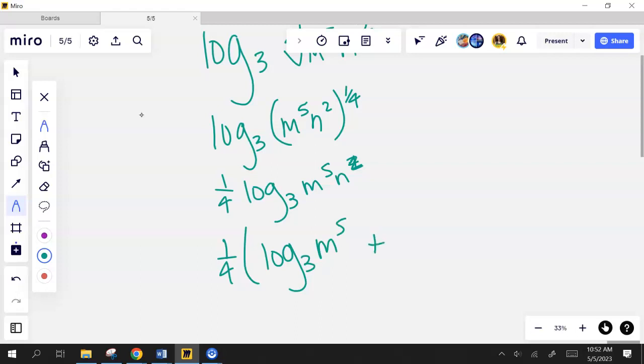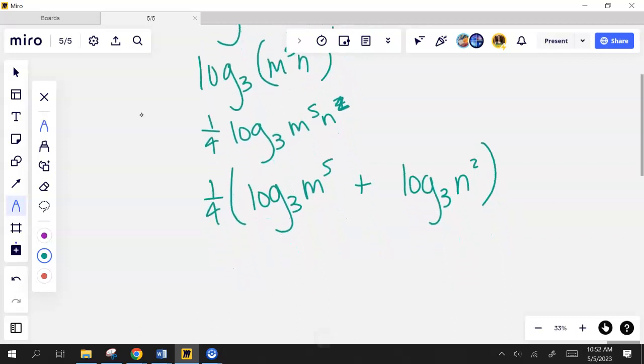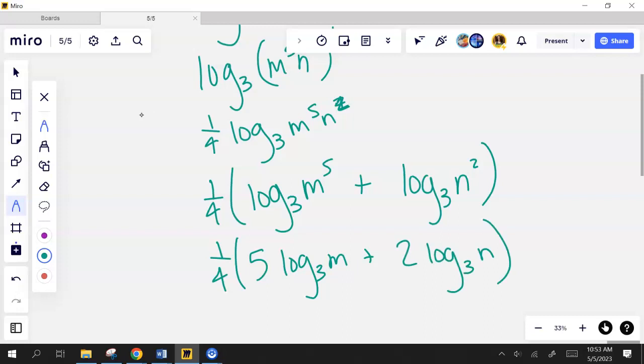Plus, because multiplying means add. Log base 3 of n^2. Can I do anything else? I got to take care of those exponents, right? That's exactly right. 5 log base 3 of m plus 2 log base 3 of n.